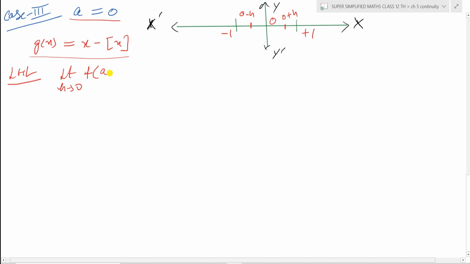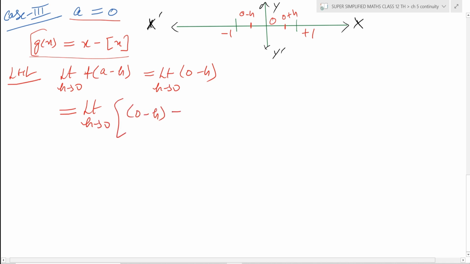But a here is 0, so we write limit h tends to 0 of f(0 minus h). We substitute here in the expression of g(x), x to be 0 minus h. So we get limit h tends to 0, 0 minus h minus greatest integer function of 0 minus h.